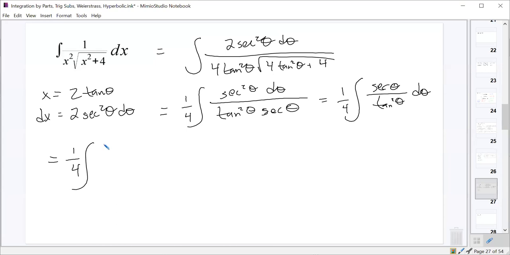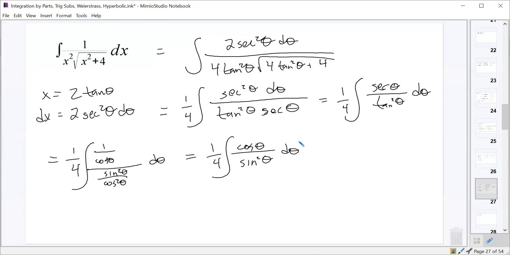So let's go with calling this 1 over cosine over sine squared over cosine squared d theta. And if we simplify that down, what does that give us? Cosine over sine squared. So let's stick with that.